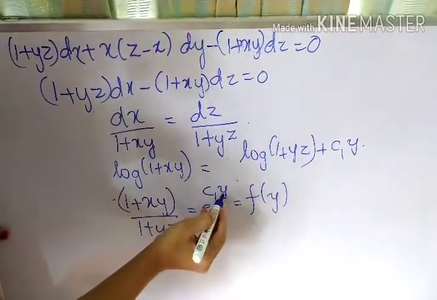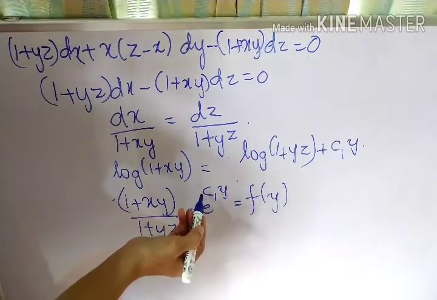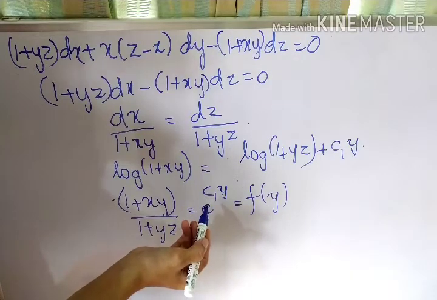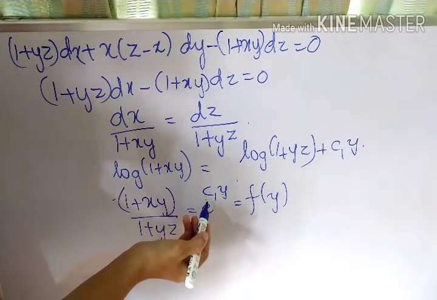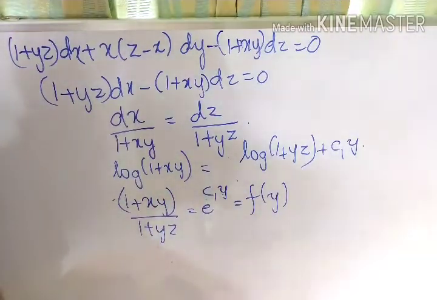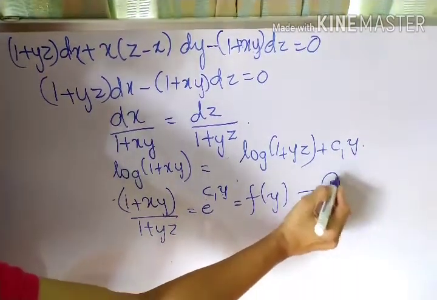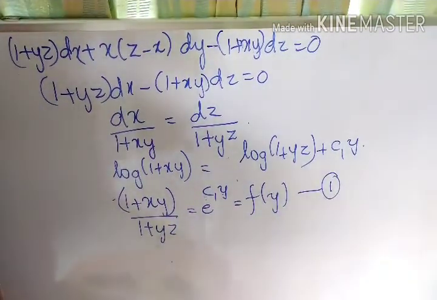This c1 can be a function of y, because, as we said while explaining Nathani's procedure, since y is a constant, c1 can be a function of y. So this whole thing I am substituting as f of y, some arbitrary function of y. So this is my first equation. Let me name this as 1. I am ready with my first equation.